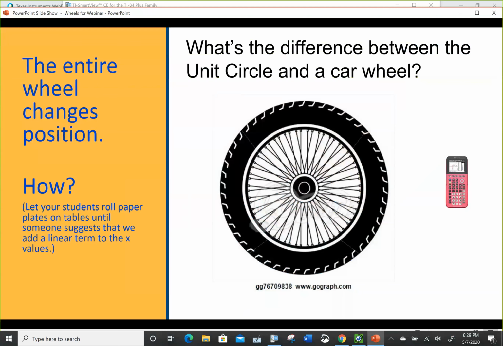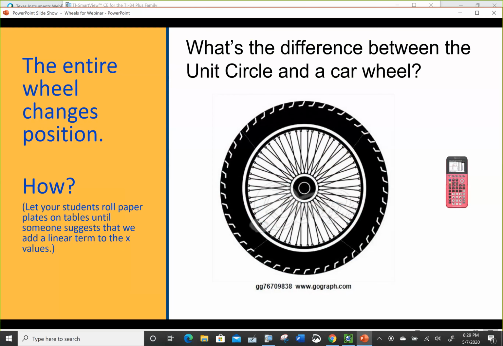Now, I could start with the circle we had earlier, but remember, it was on a loading platform. So I think I'm going to start with a unit circle. Now, remember, this unit circle was actually moving counterclockwise. Clockwise, right? Did you notice our wheels move clockwise?